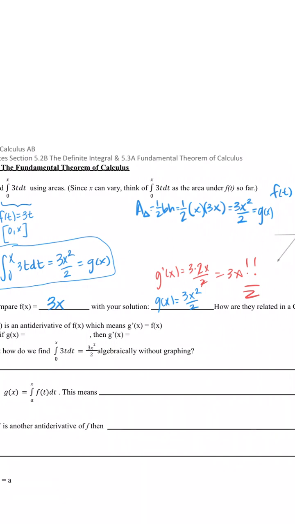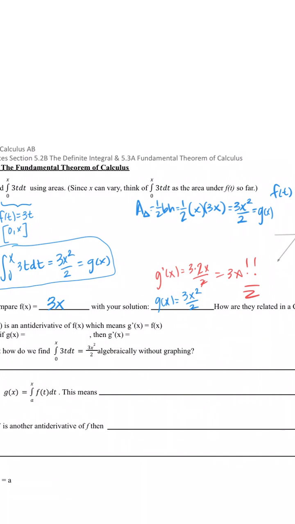When we integrate and get a function for g of x, it is an antiderivative of f of x. That means that if I take the derivative of g, I'm going to end up with the original function.